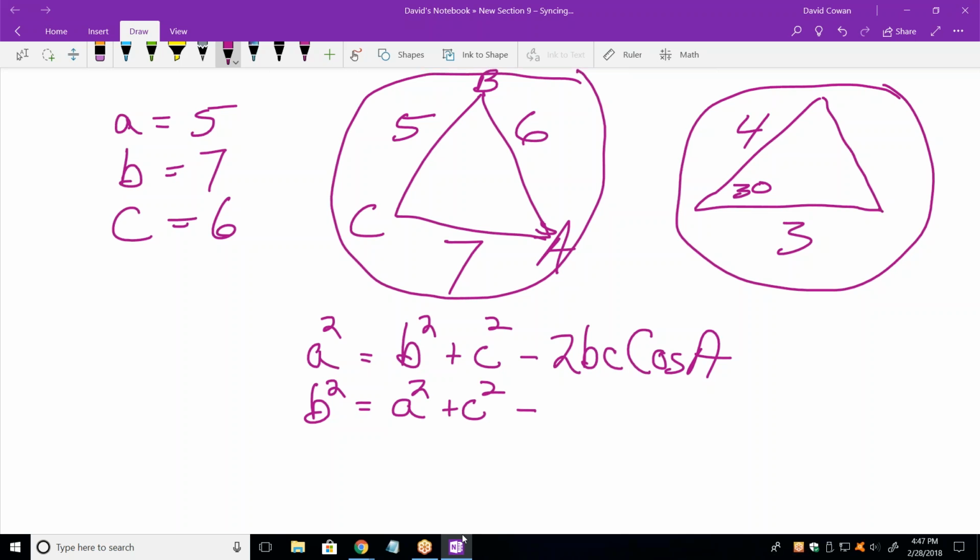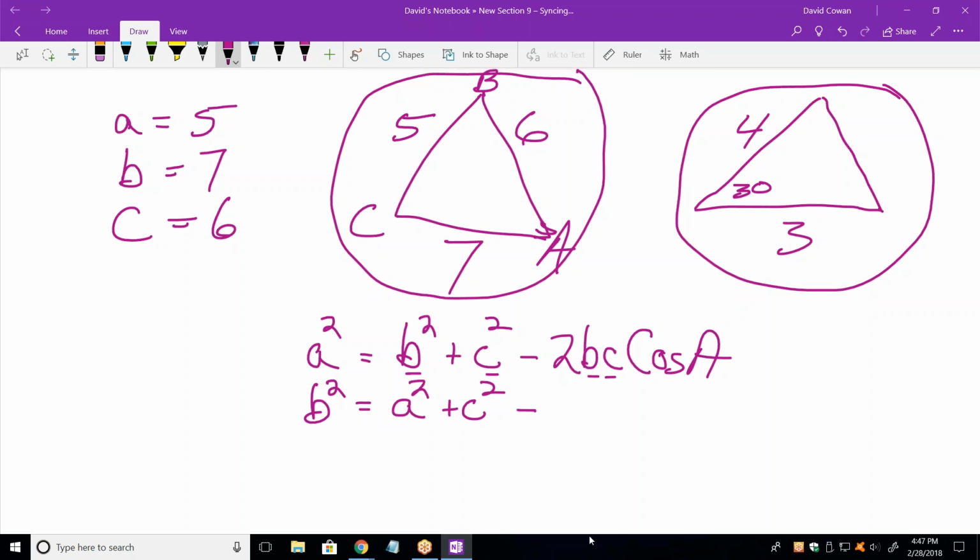Can you hear me? Yeah. Did you do b squared equals a squared plus c squared minus 2bc cosine a? No. The pattern is that those 2 letters are the same as those 2 letters.